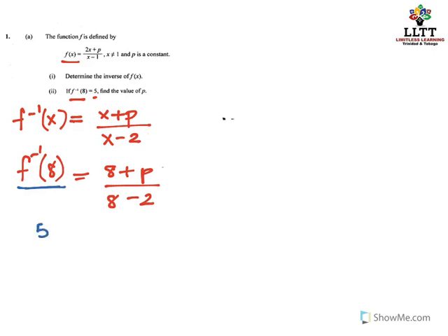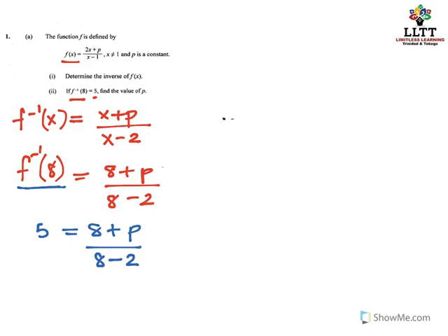So we have 5 is equal to 8 plus p over 8 minus 2. Okay, so all we did is wherever we saw x, we substituted that with 8, and then we know that f inverse of 8 is 5, and now we're going to rearrange this equation to find for p.